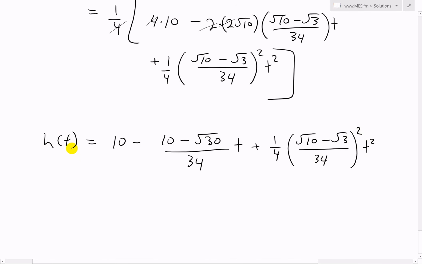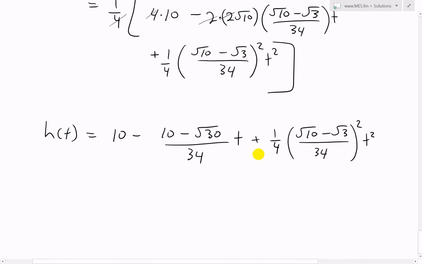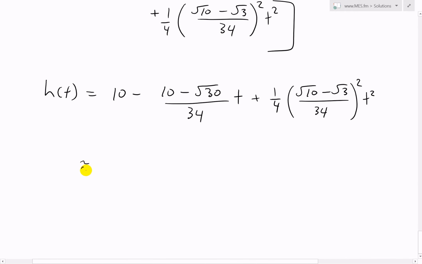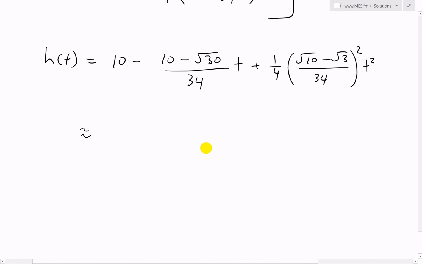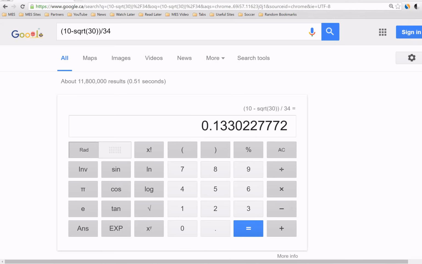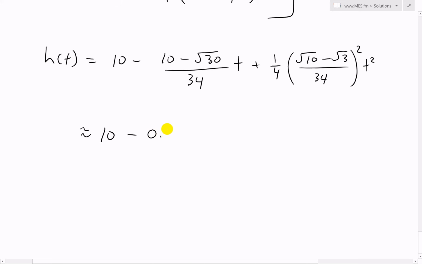So this is the exact value, but again we could plug this into the calculator. When you plug this in, the first part, 10 minus square root 30 all divided by 34, is 0.133, etc. I'll round it to 0.133, so 0.133 t.